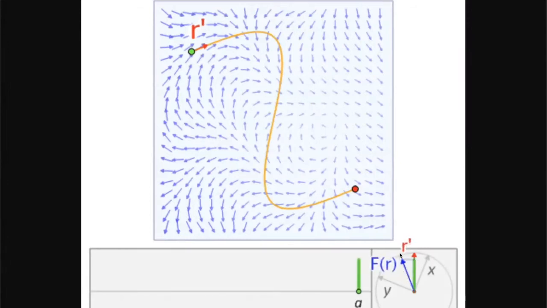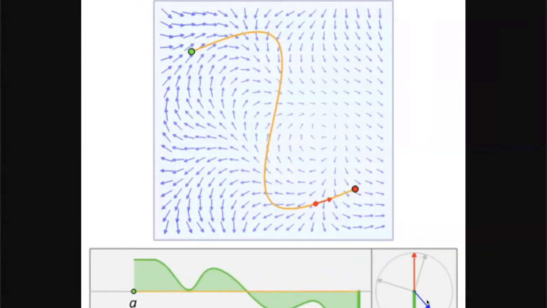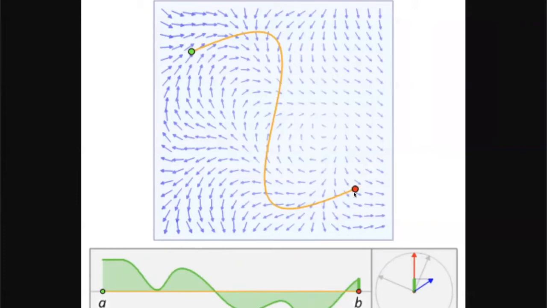So there is our force vector. We take the projection onto our r prime, our direction of motion, as that dot product, and this is the dot product at various places as we go through. And then the integral of this function down here, that integral of that is our path integral of the vector field.